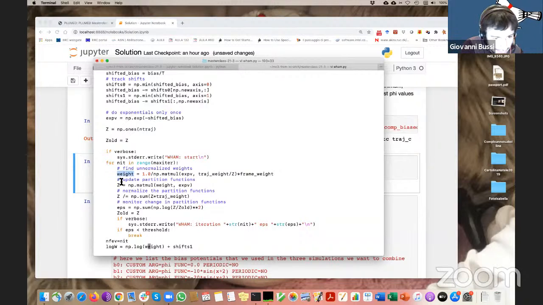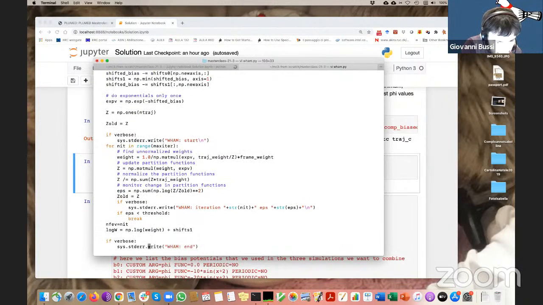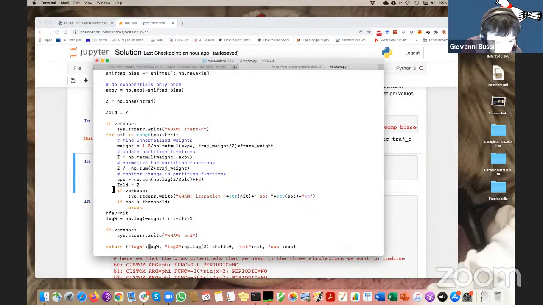Basically it computes new weights and computes the new partition functions, and so on and so forth, until they are equivalent up to some degree of accuracy. And then it stores the result in a dictionary. Also, it is very convenient in Python to use dictionaries so that you can return objects that contain more information.